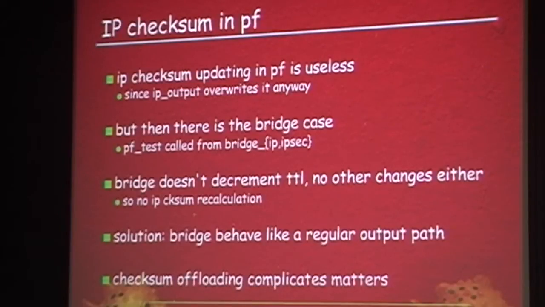The bridge did not recalculate the IP checksum, obviously, because in theory, the bridge does not modify the packet. And that is actually true unless you explicitly ask PF to modify the packet. If you don't do this, the bridge doesn't touch the packet, just sends it out to the one or multiple other interfaces and be done with it. Point is, no handling of the IP checksum whatsoever.